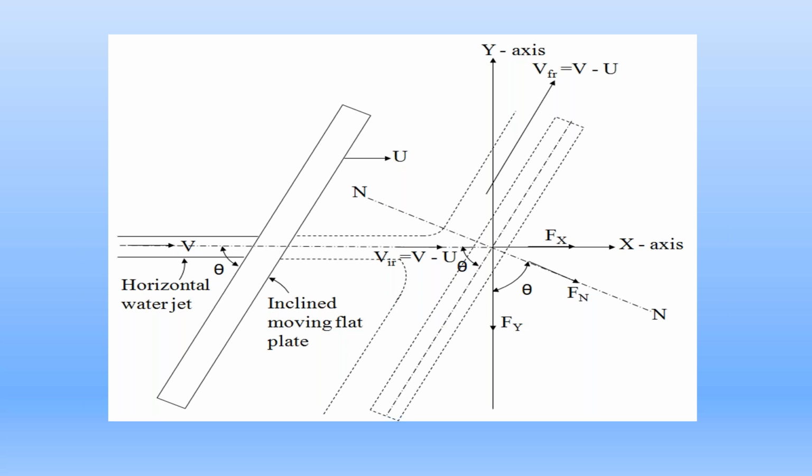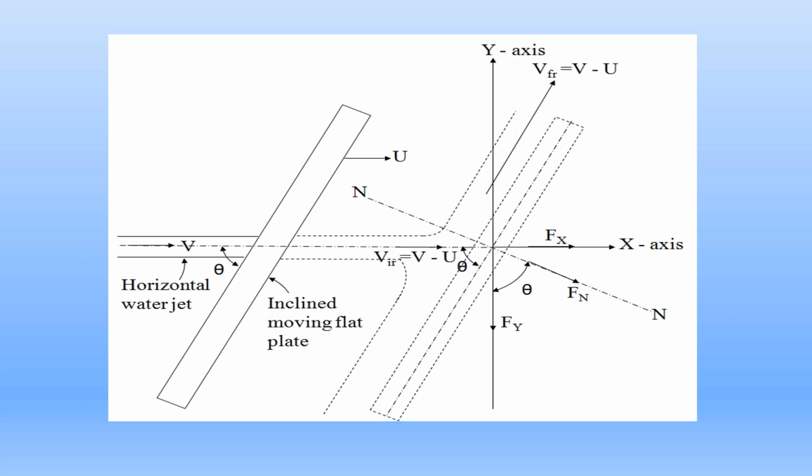The water jet has an initial relative velocity before the impact and a final relative velocity after the impact. VIR is equal to V minus U, the initial relative velocity before the impact. VFR is equal to V minus U, the final relative velocity after the impact.